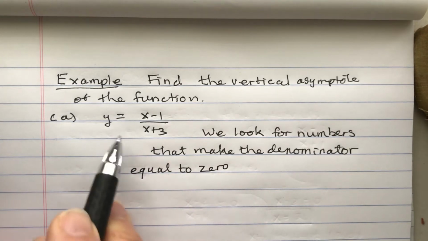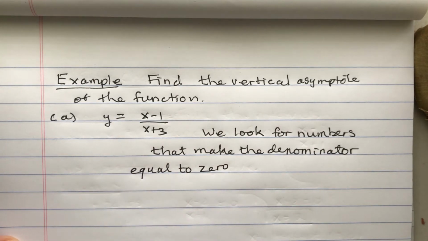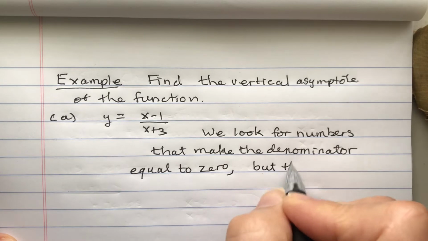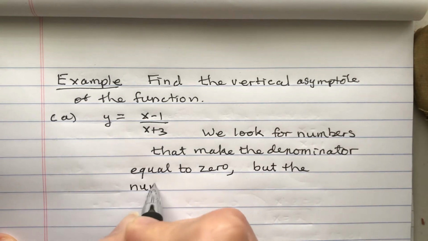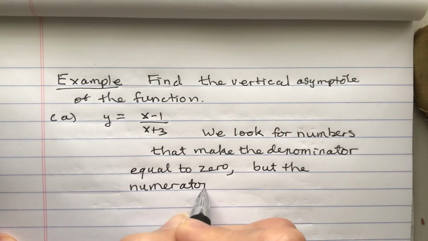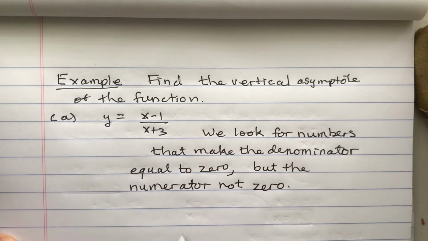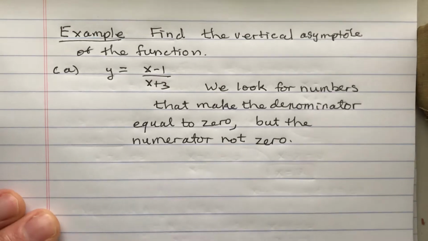Because when you divide by 0, you have something undefined. And that's where you get these vertical asymptotes. But the numerator not 0. So you just check afterwards. You just sort of look at it. Now, if the numerator and the denominator are both 0, then you'll get cancellation. And you don't get a vertical asymptote.